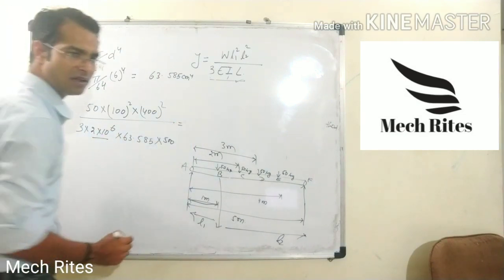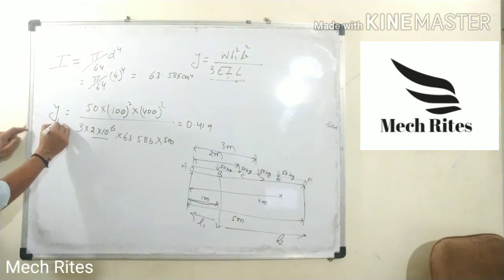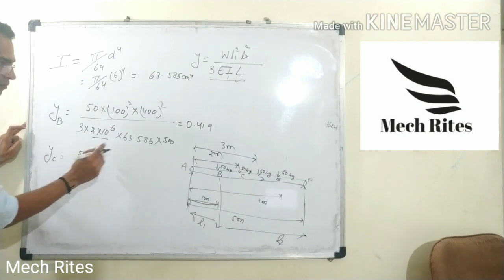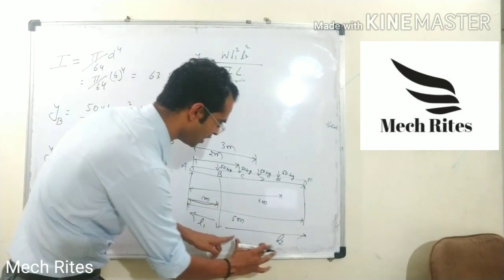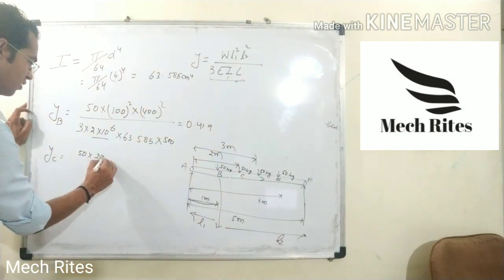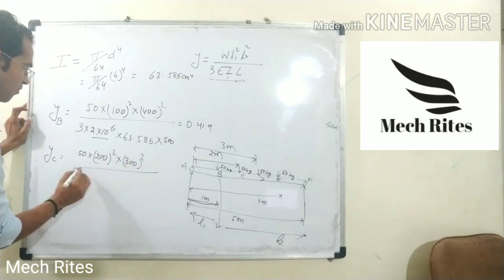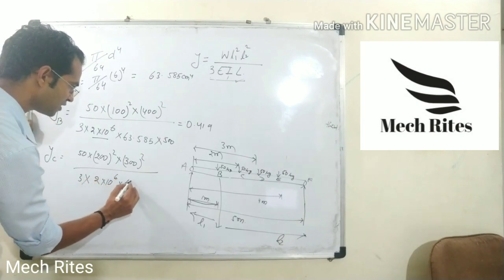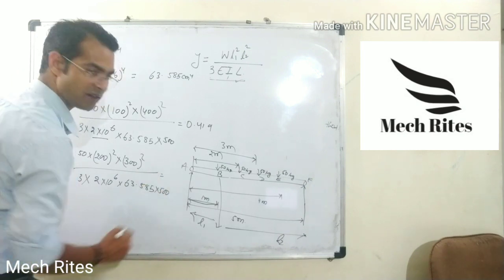If you solve it, you will get the value 0.419. Similarly, that is YB. YC will be what? 50 will be common. For point C, the distance is this to this. Then L1 will be 200 and L2 will be 300. So 200 square multiplied by 300 square divided by, in the denominator everything will be the same, 63.585 multiplied by 500. So what will the answer be?